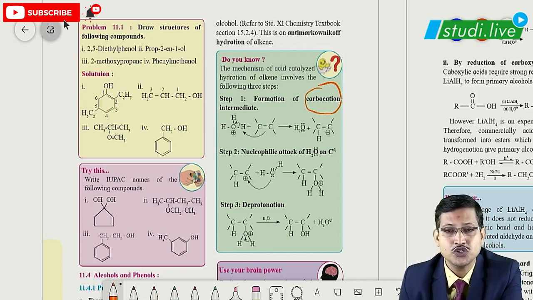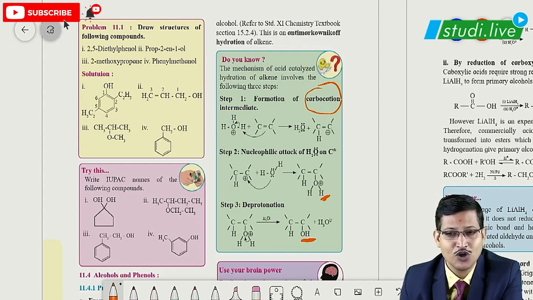Second step is nucleophilic attack of water. Now this water which has been formed here will now react with this carbocation and it will give you the next compound here. And from this next compound, it is the deprotonation, that is one H has to be removed, and if this one H is removed, then you get the formation of alcohols.